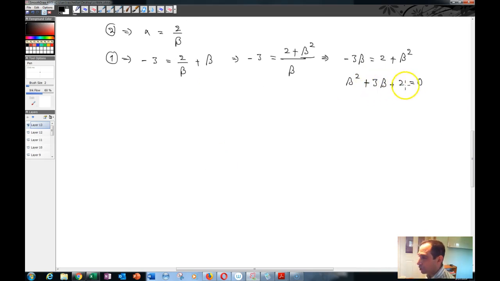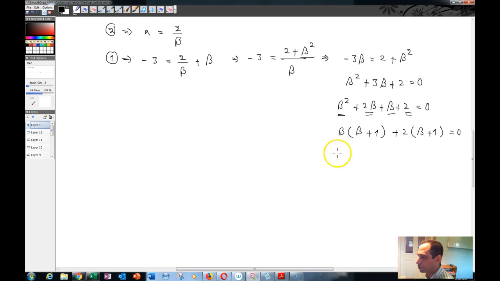So here you can factorize this equation. You can write it as beta squared plus 2 beta plus beta plus 2 is equal to 0. So then you can take these two terms together and write beta times beta plus 1, plus 2 times these two terms together, 2 times beta plus 1, is equal to 0.